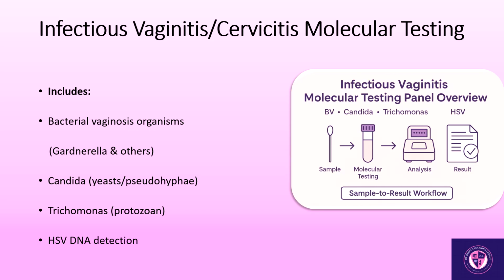However, molecular tests may identify the organisms in asymptomatic women also, which complicates the interpretation. For example, Gardnerella may be detected in women without any symptoms, without any clue cells on cytology. HSV can be detected using PCR when clinically indicated. Overall, molecular detection enhances diagnostic accuracy but must always be interpreted in clinical context.